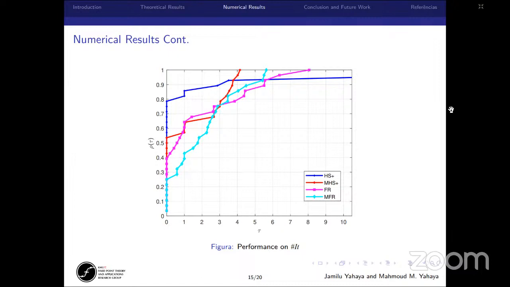The first one, we use the median of the iterations. The second one is the median of the gradient evaluation, followed by the median of the time it took to solve the problem. In this figure, we have an x-axis and a y-axis. The y-axis gives us the cumulative probability.